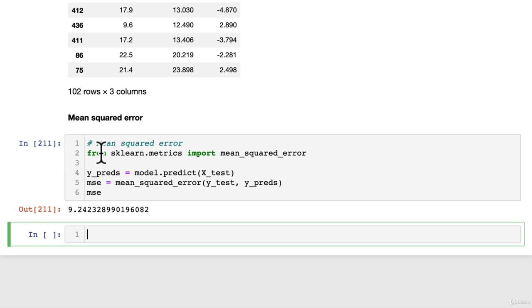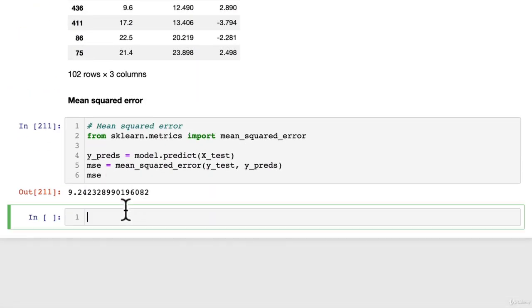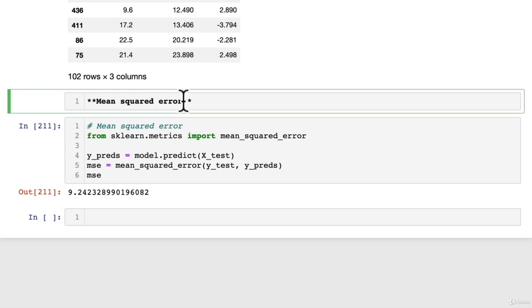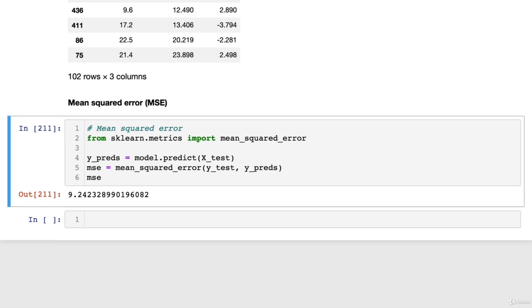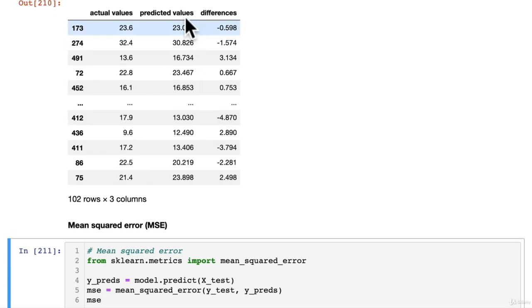9.242. That's a little bit higher than what we got with mean absolute error. Well, that's because MSE, or mean squared error, I should put MSE in here, right? Because there's so many acronyms these days. MSE will always be higher than mean absolute error because it squares the errors rather than only taking the absolute difference into account. So if we come up here and have a look, this data frame would be the exact same here.